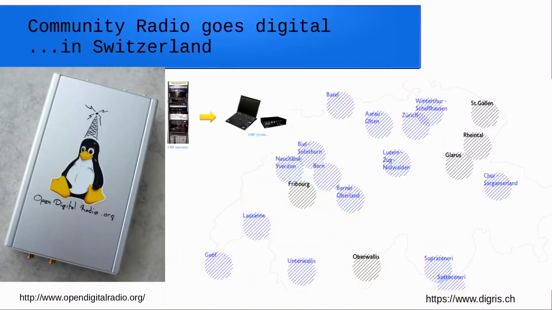One is community radio going digital in Switzerland. Digitizing local community radios has long been a problem. Community radios are non-profit media produced by a local community and serving a local community.